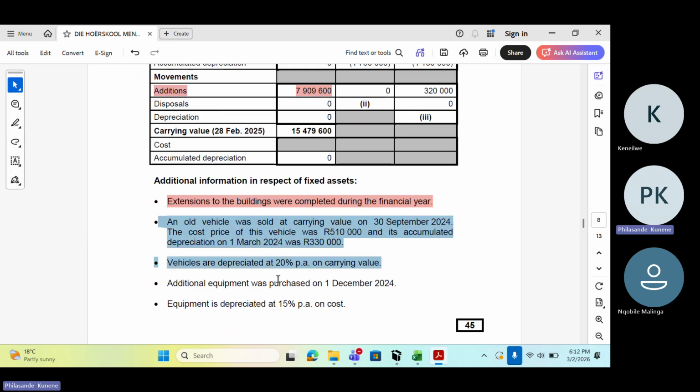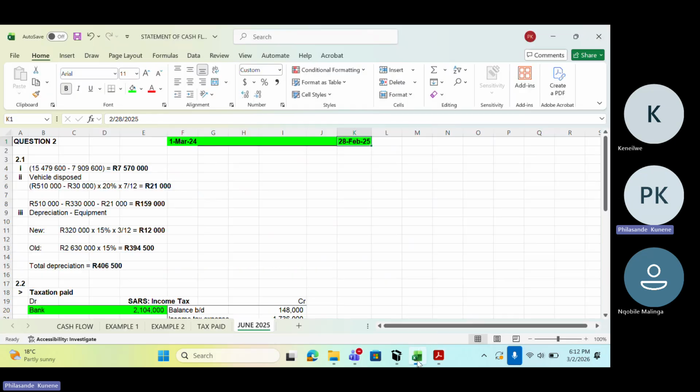Okay, I will not go through this. It's something that we spoke about in terms of calculating the depreciation. So here, we did calculate the carrying value at the beginning. We got 7,570,000 rands. And then for the vehicle disposed, we did calculate the carrying value of the vehicle that was disposed, which was 159,000 rands.